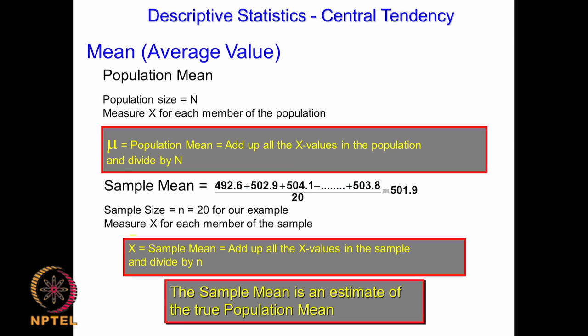Can I say that x bar is a good representation of mu, or is x bar very far away from mu? That is what this statistical analysis is all about. Is x bar very close to mu, so that I can say yes, x bar is a representation of the population, or is x bar not close to mu, so it is not a representation of this population?